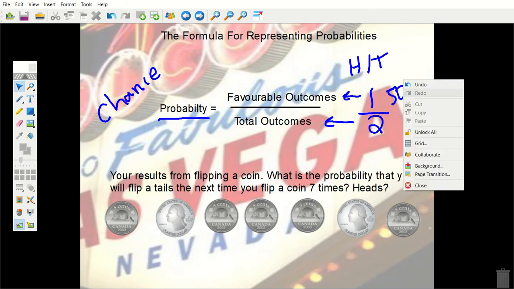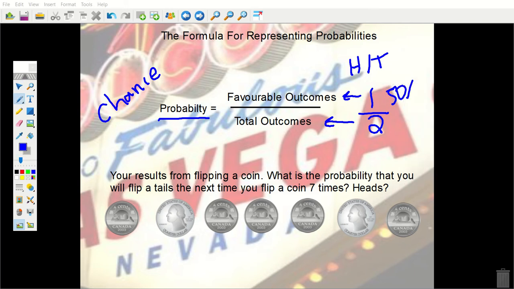Okay, likewise, if I were to ask you, if you were to flip a coin 7 times, now your total outcomes isn't 7, because you flip it 7 times, and in each flip you can get heads or tails. So each flip, there are 2 outcomes. There are 7 flips, 2 outcomes in each flip.